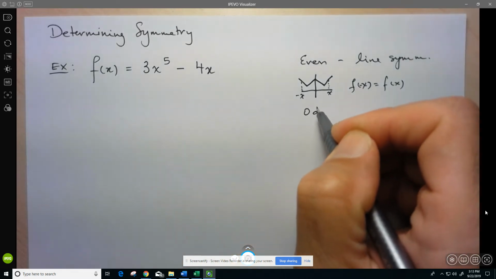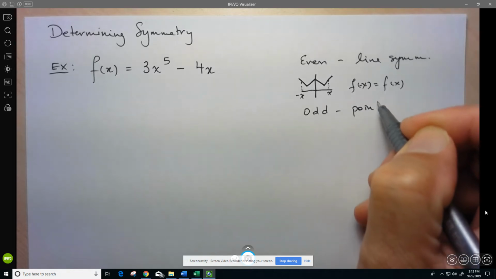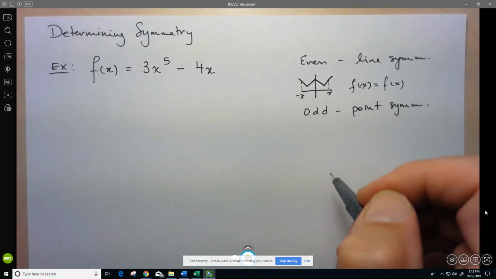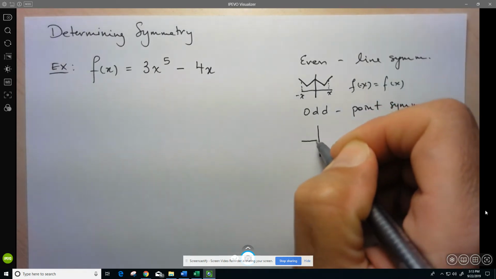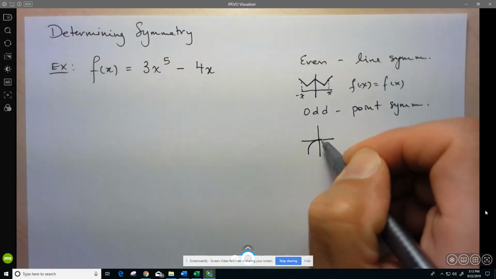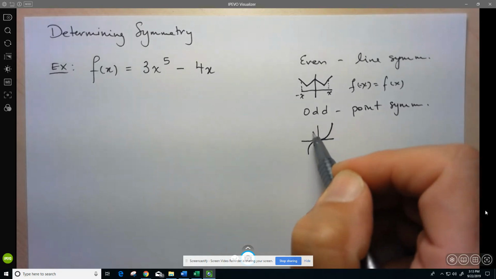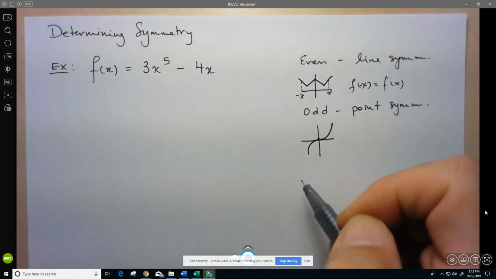Then we've got odd symmetry, or what the textbook calls point symmetry, and the point they're talking about is the origin. If we take an example of something that has odd symmetry, like y equals x cubed, the idea is that if I rotate this 180 degrees about the origin, I would get the exact same function.